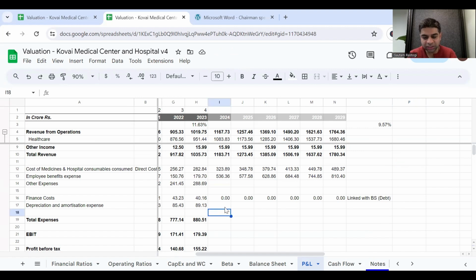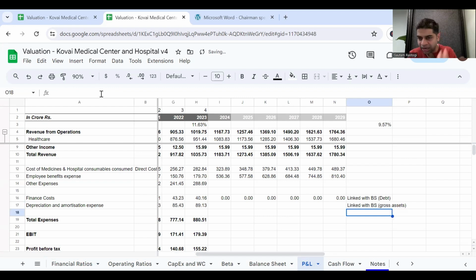Now again, same thing with depreciation. Depreciation is an item which is linked with the balance sheet, and what with the balance sheet? This is linked with gross assets. So depreciation is based on the gross assets.